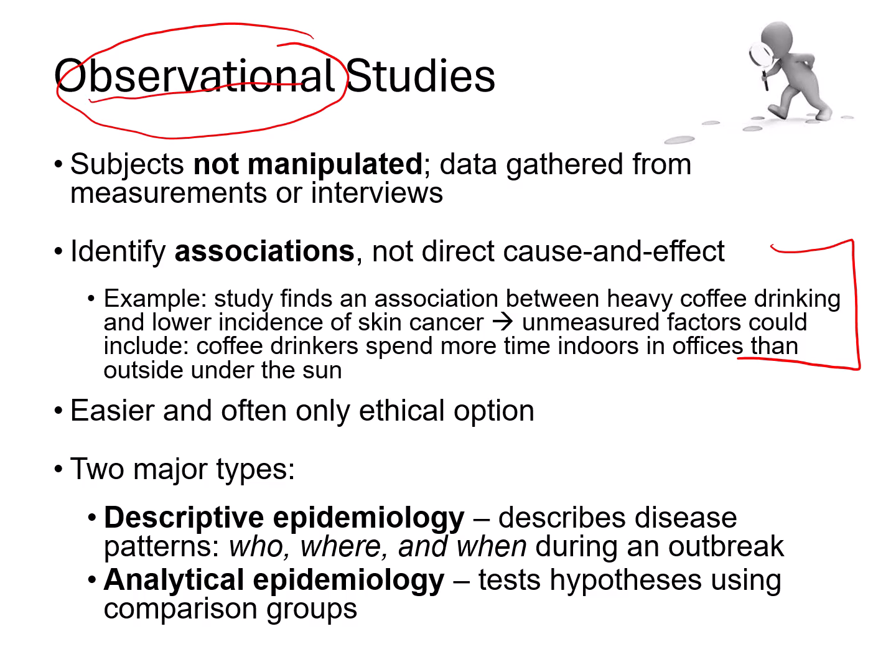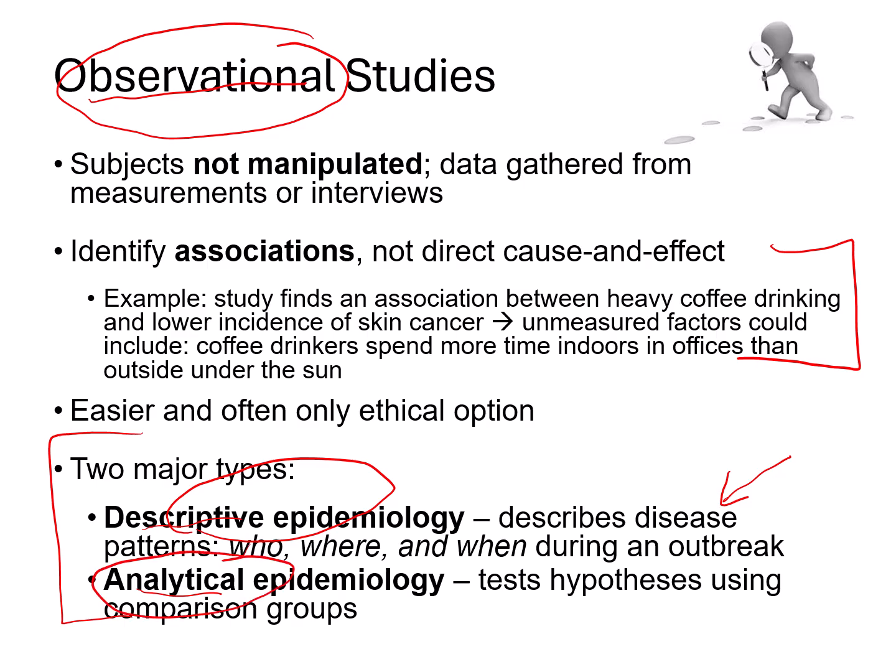Within the category of observational studies, we have two major types, descriptive and analytical. In descriptive epidemiology, the main question we're asking is what? What is happening? Descriptive epidemiology describes disease patterns. The purpose is to characterize the distribution of health events and generate hypotheses about possible causes.